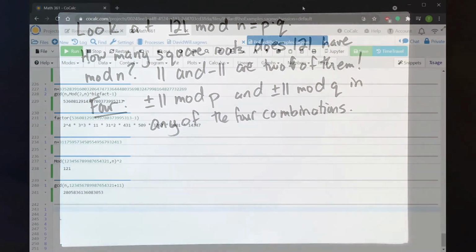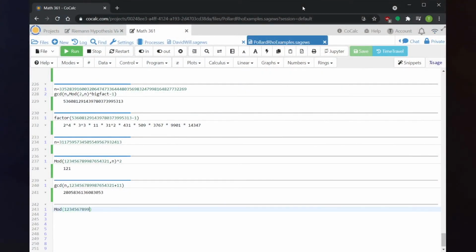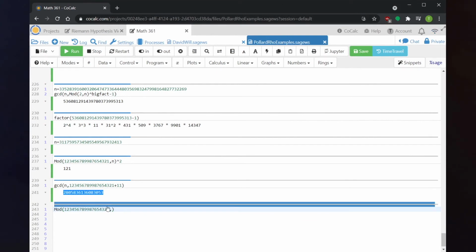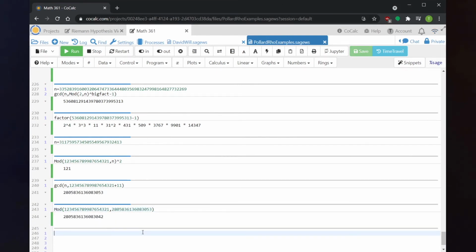So if you want to see that in the example we just did, we can go ahead and take our x, and we can mod it by one of our prime divisors, and you'll see that we get minus 11. It'll take you a second to see that that's minus 11, but that's definitely minus 11.